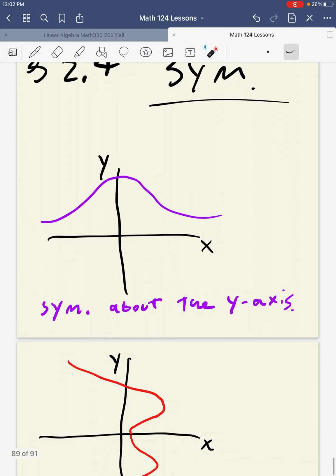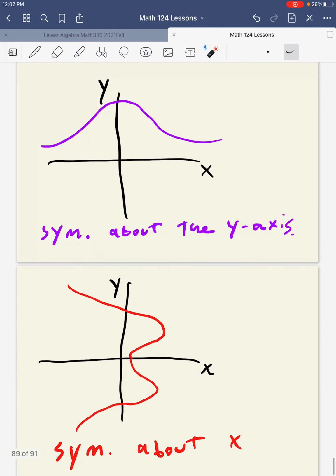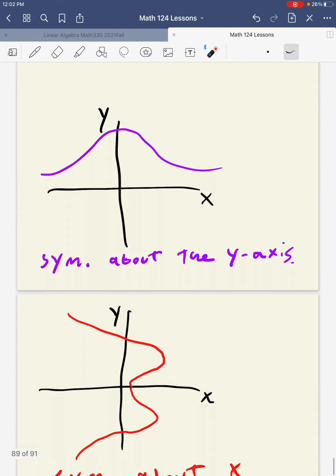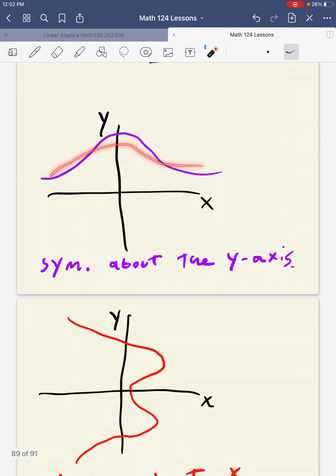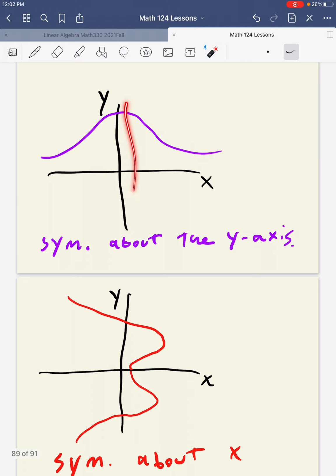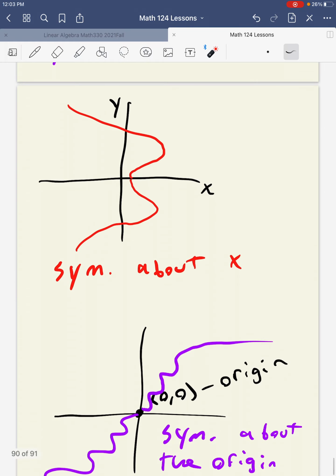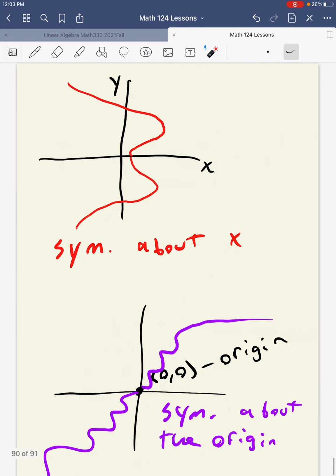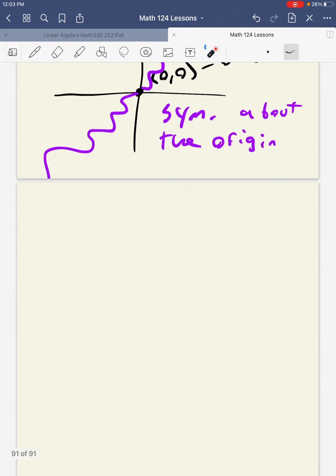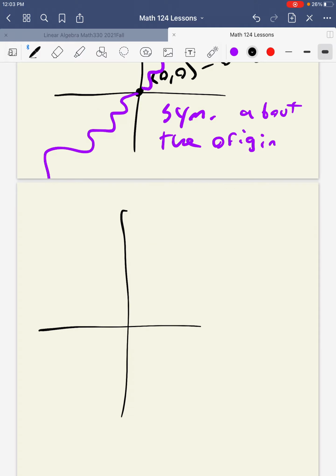And if you're already given the graph, these are pretty easy problems to answer, so I'm not going to do many more examples of this kind. In your homework, if you're given a graph and asked what type of symmetry it is, you're basically being asked: is the y-axis the mirror, the x-axis the mirror, or is the origin the mirror? And it's also possible for a graph to not have any symmetry, right? So say we have a graph like this.